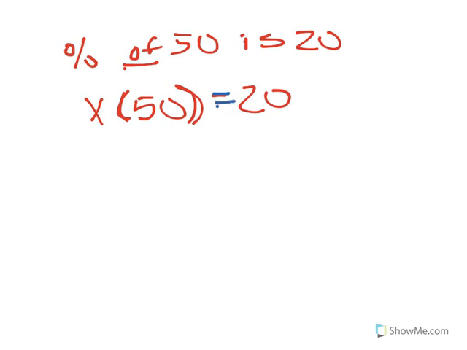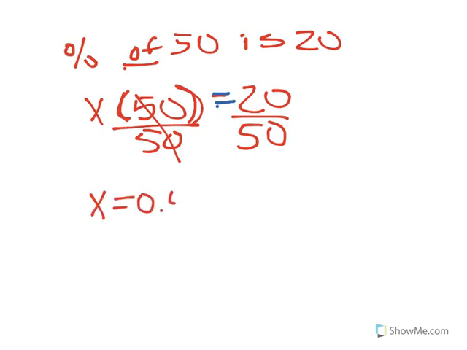Okay, so isolate the variable. I'm multiplying by 50. It's the inverse or opposite. Dividing by 50 cancels out because 1 times x is x. Whatever you do to the left side, you do to the right side. And 20 over 50 is 0.4. As a percent, that would be 40%. Let's see if we got that right. Set up the proportion. I don't know my percent.